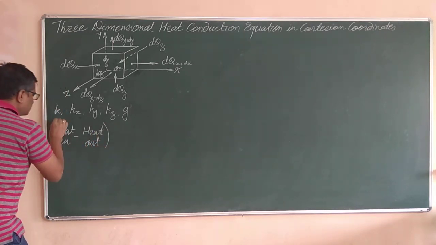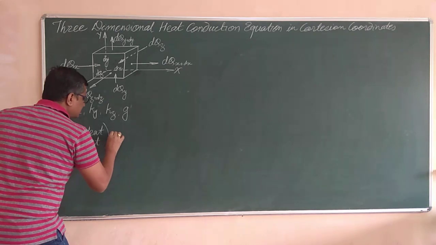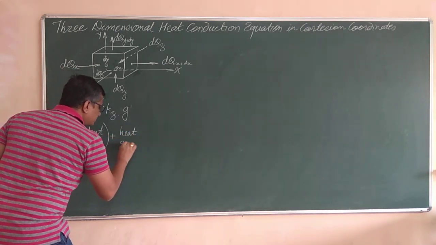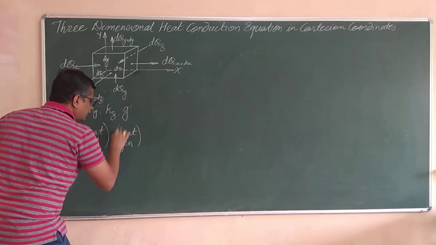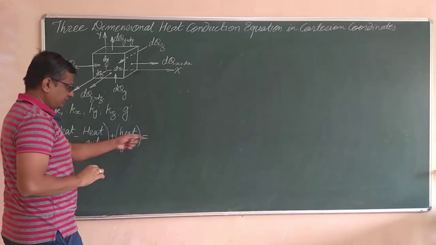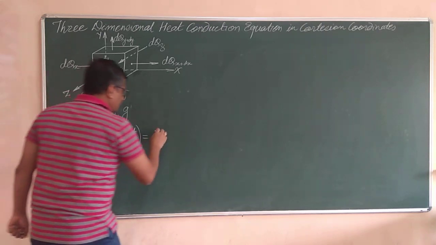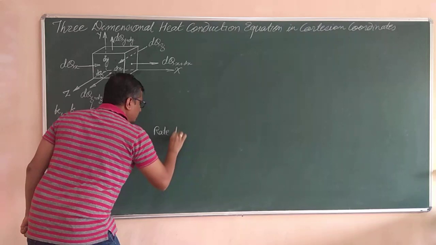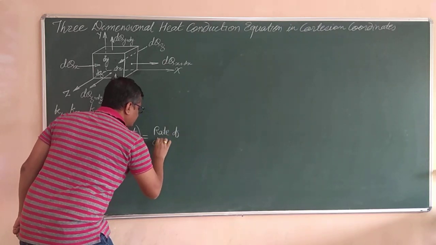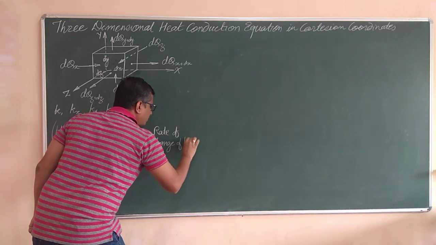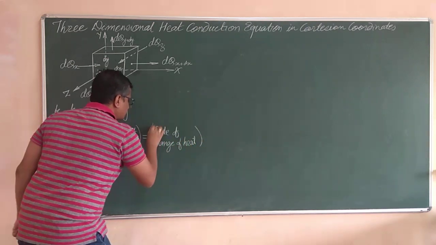This is one part, plus heat generated inside it, that is another part, and it has to be equal to the rate of change of heat of that element. So this is the third part.